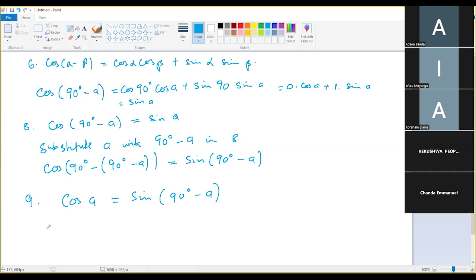All right, so the next identity then that we are going to think of is the following.